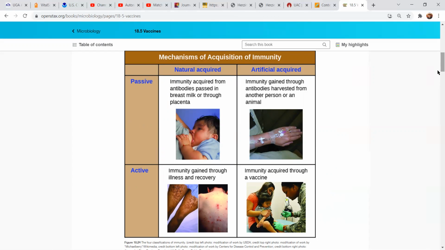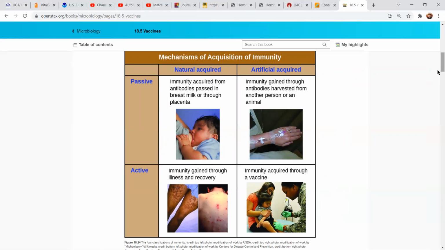The baby is not making its own antibodies. It is receiving antibodies that have already been produced by the mother, but it's in the normal course of everyday life. Artificial passive is when a person is given an IgG or an IgM injection. Those antibodies have been produced by another person or by an animal.